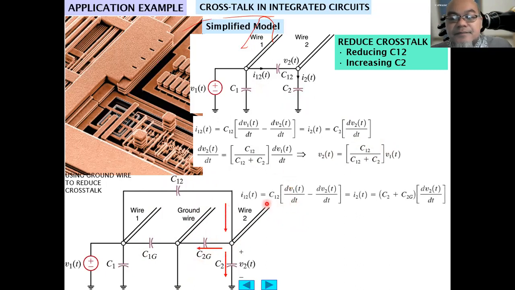So here, I12 equals C12 dV1/dt, same as here, minus dV2/dt, equals I2, equals C2 plus C2G times dV2/dt.